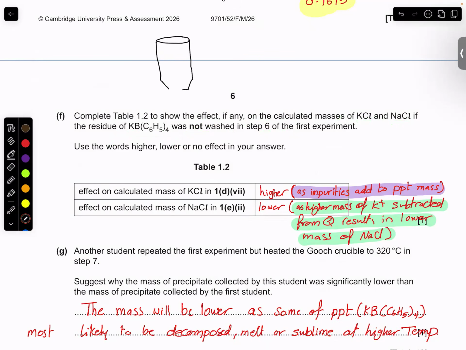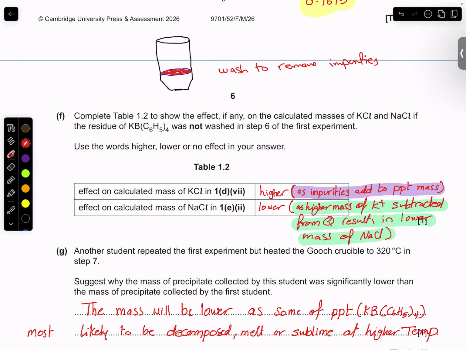In the middle of this crucible we have a porous disk, and we have the residue. Why do we wash? We wash to remove the impurities, right?